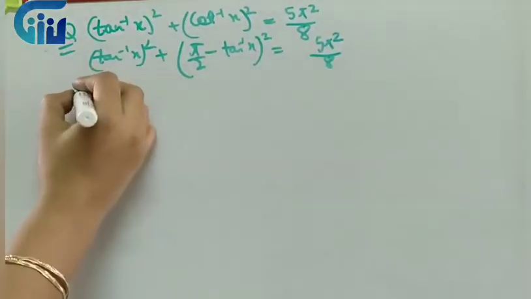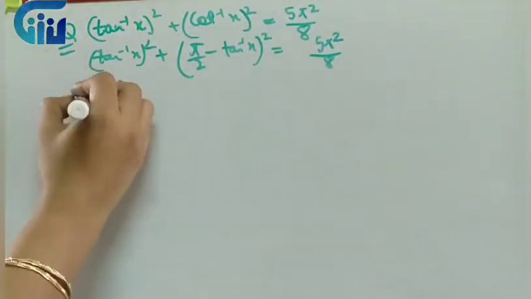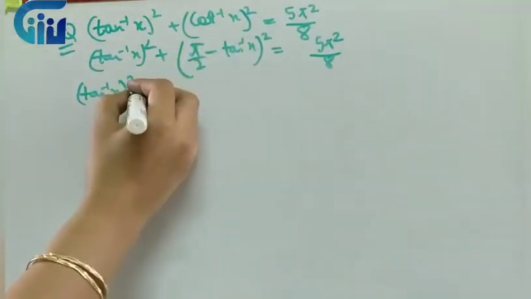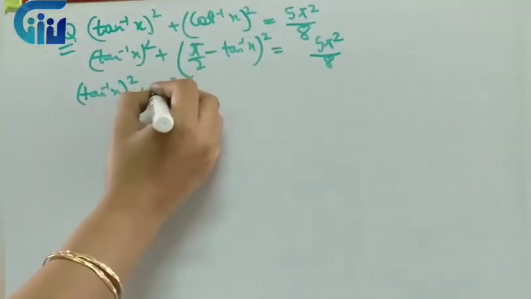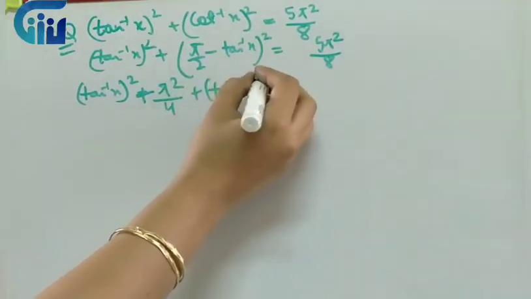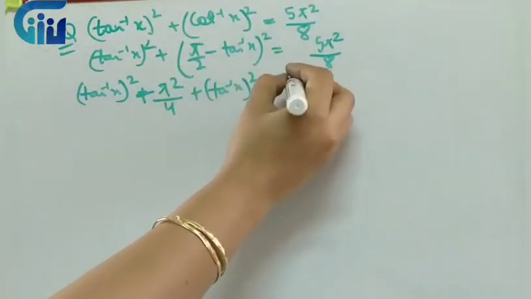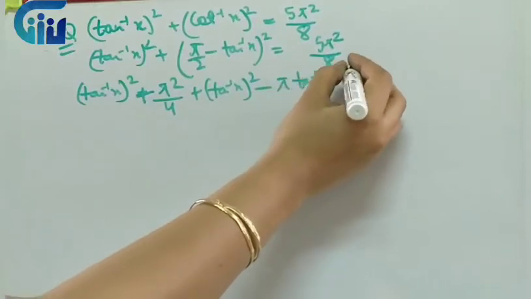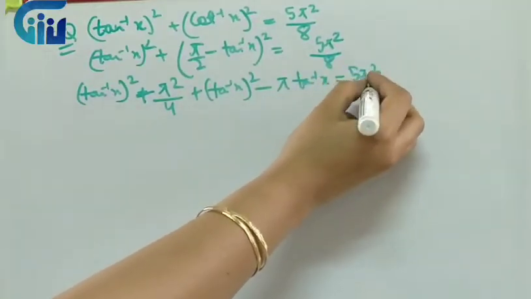Now, if I open up the whole square, this is a minus b whole square, so this will be plus pi square by 4 plus tan inverse x whole square minus pi tan inverse x is equal to 5 pi square by 8, right?